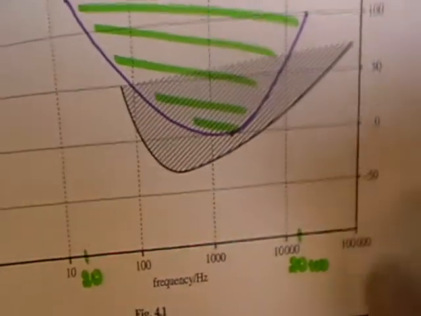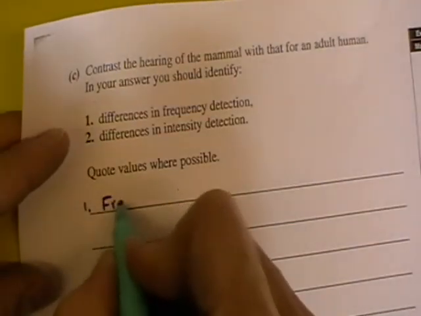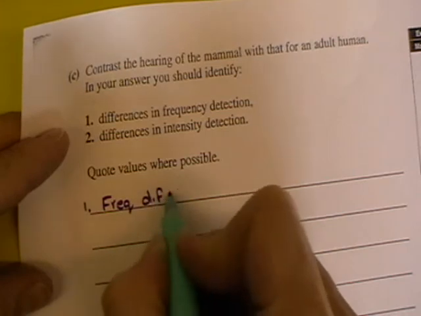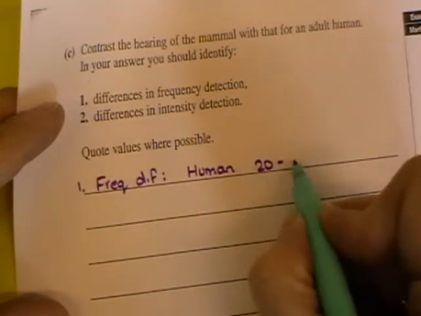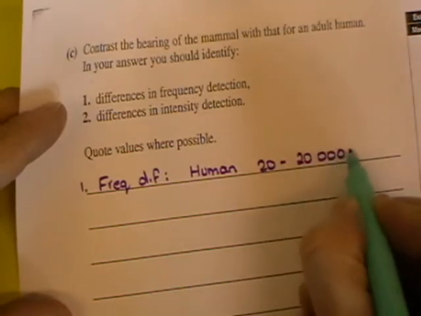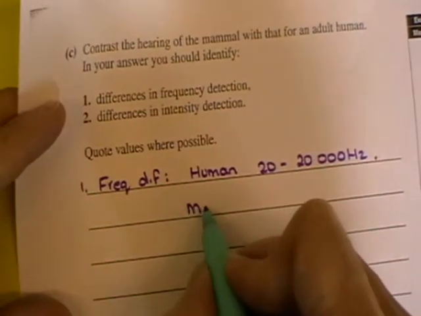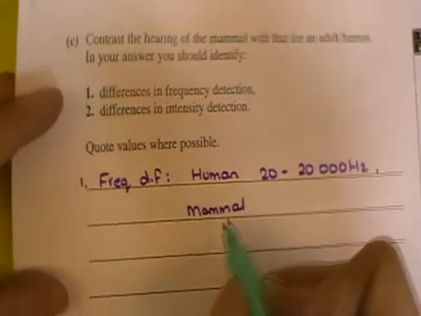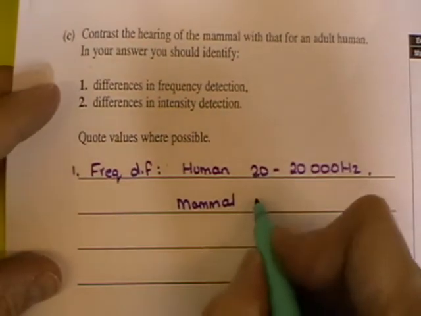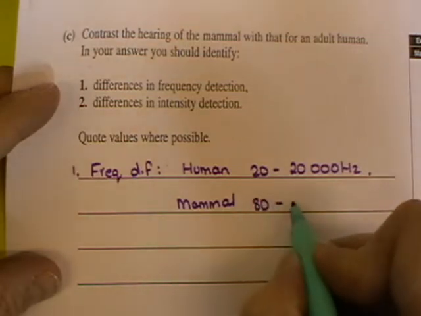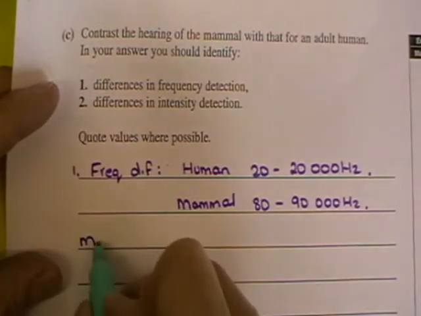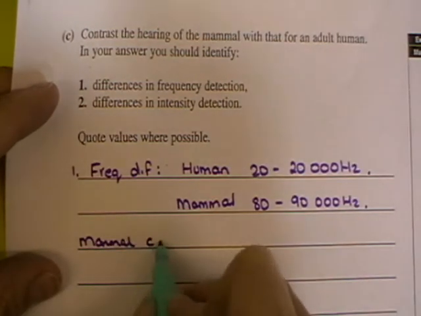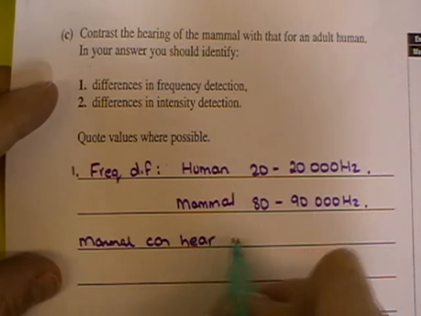So number one, the frequency difference: the human hears from 20 up to 20,000, but the mammal in that diagram is hearing from, we reckon, about 80 up to maybe 90,000. So the mammal's hearing ultrasound.